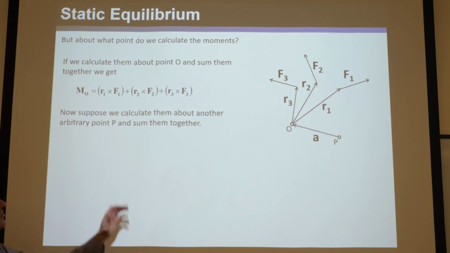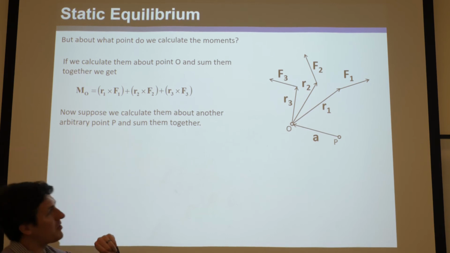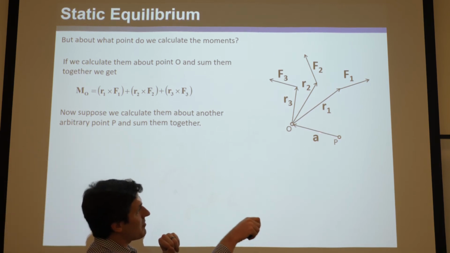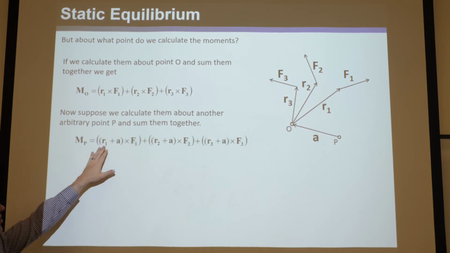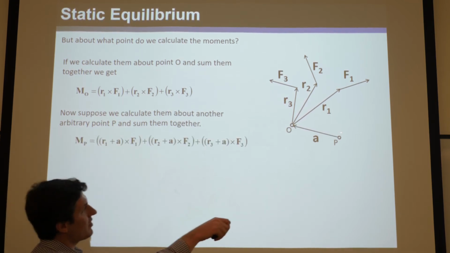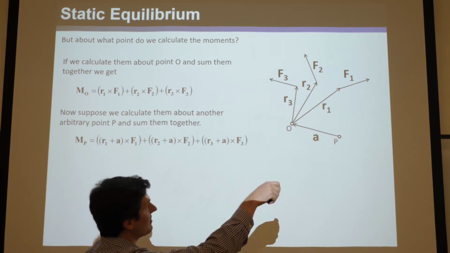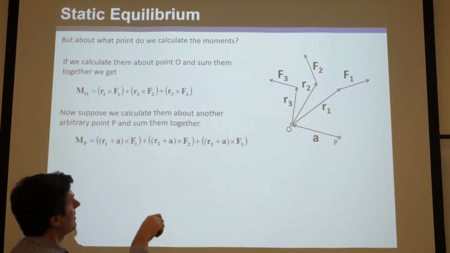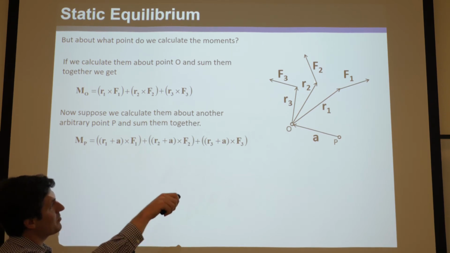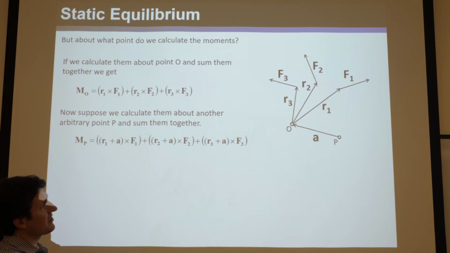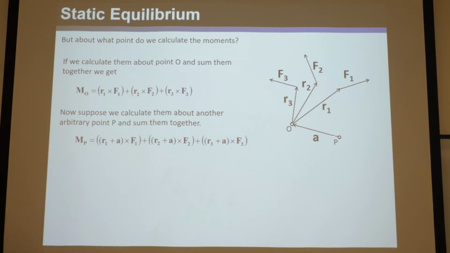Well, let's use, though, the vectors we already know, but define a new vector, A, that points from here to here, instead of doing what I just said, and say R1 plus A will be that vector that points from P to there, and you cross that with F1. And you go through and do the same thing with all of them. Okay, so you can see how if you add A plus their location vectors, you would get the location vector that points from P to where the forces are applied, and then you cross those. Okay, and that would correctly be the moment at point P.